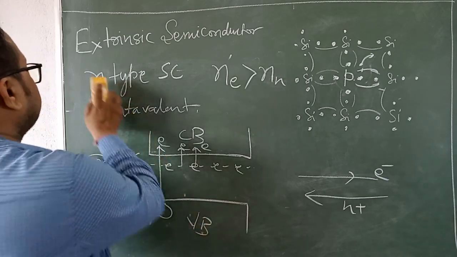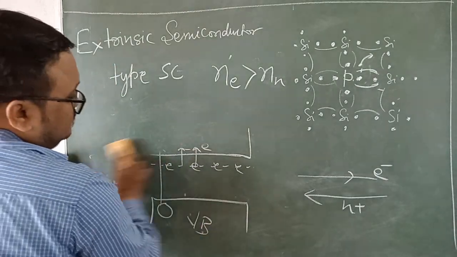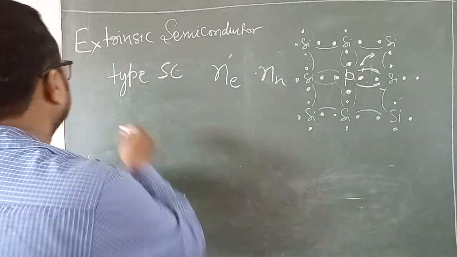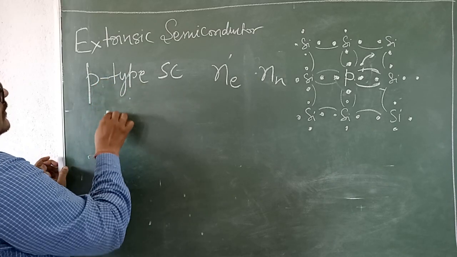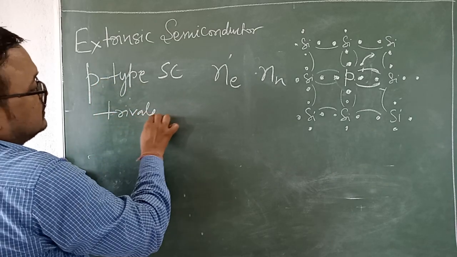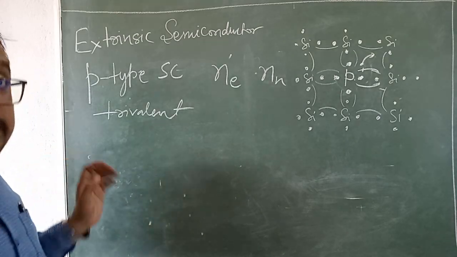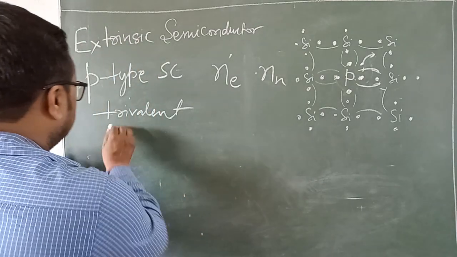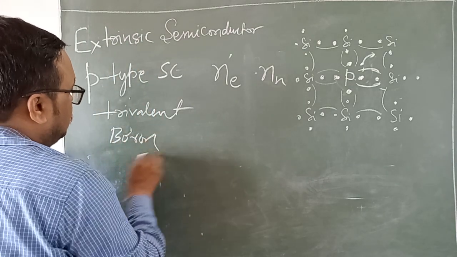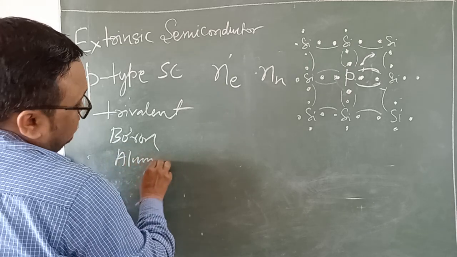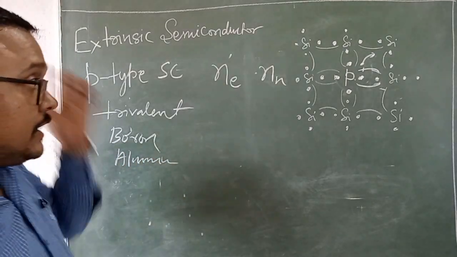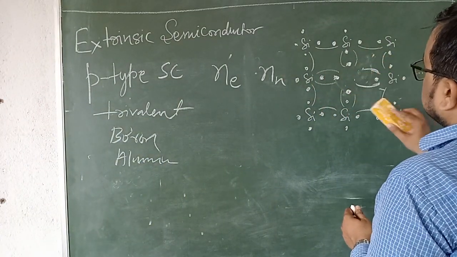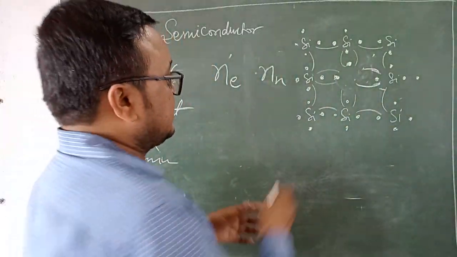Now next is P-type semiconductor. For P-type semiconductor, the doping is with a trivalent element, an element which has 3 electrons in its outermost orbit, like boron, aluminum, elements like that.